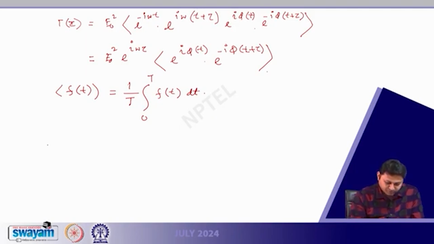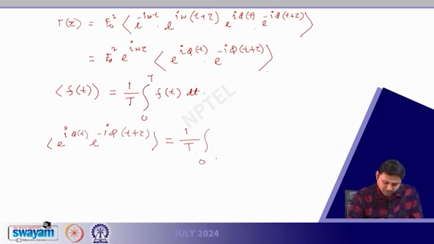So here also our goal is to find the time average of e to the power of i phi t times e to the power of minus i phi t plus tau, which is 1 divided by a large time T over which I want to integrate this term.